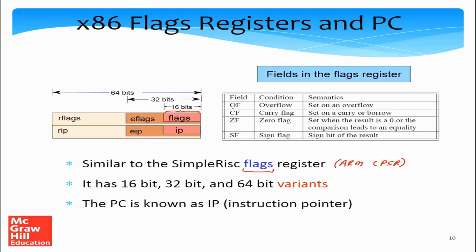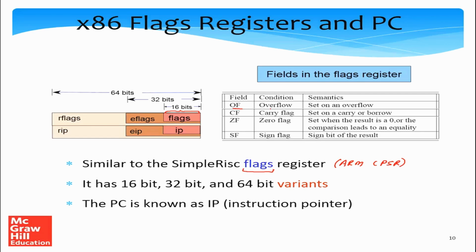One of them is overflow, OF. This is set if the previous operation, which can be a compare, and there are some other operations which can set the flags, overflowed. Readers who are interested can take a look at the x86 manual and they'll find out all the flags that any instruction can set.